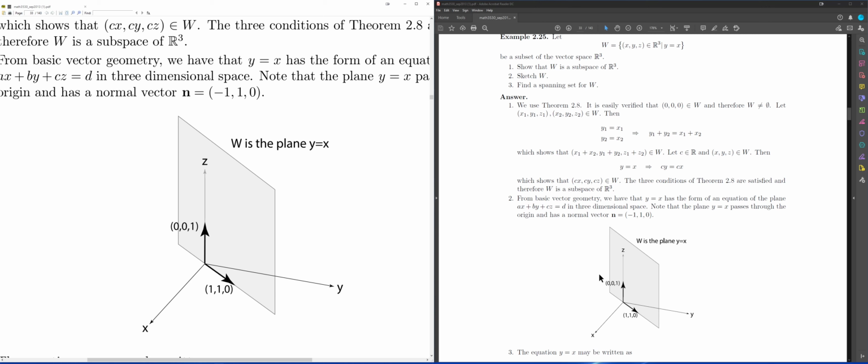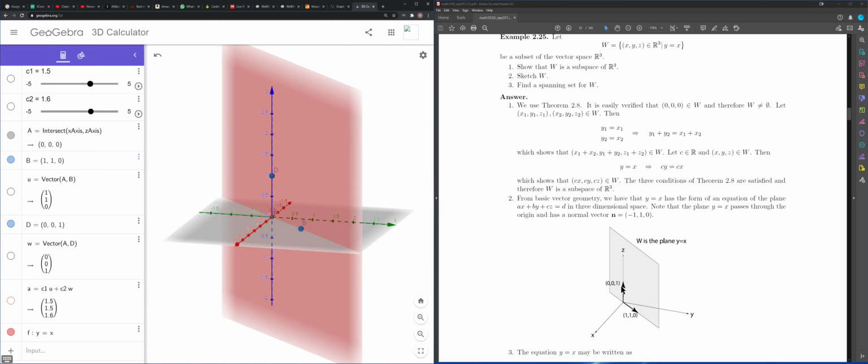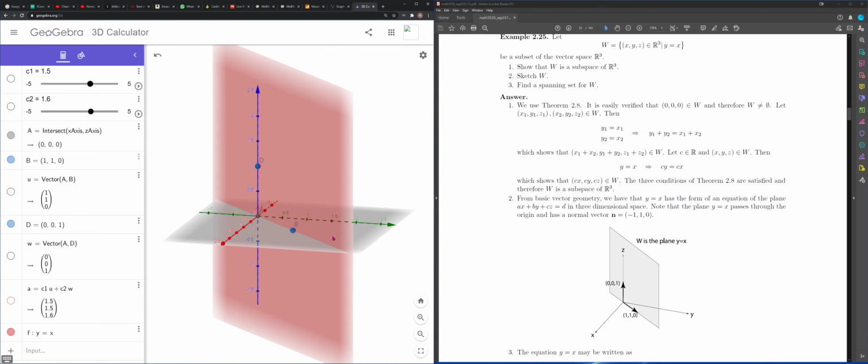So now we need to sketch the plane. How do you sketch the plane? One way is by plotting 3 points. You can determine a plane by 3 non-collinear points. So what would be 3 non-collinear points? We could use 0, 0, 0.